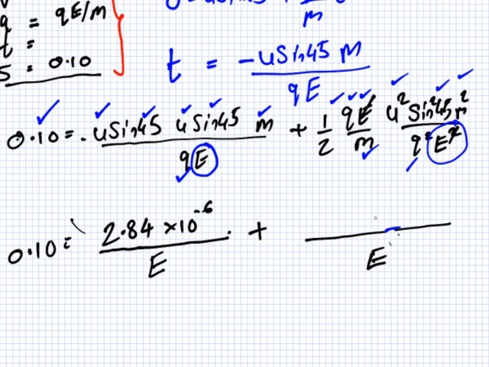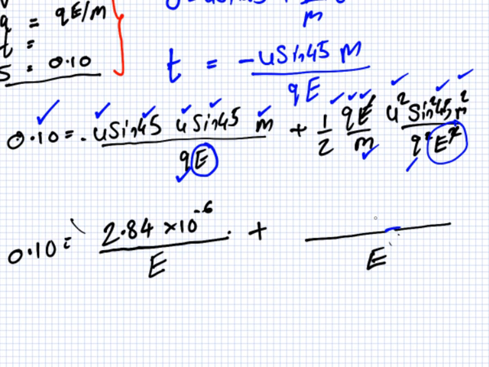Okay, E over M, and then still on the top times 1000 squared times sine 45 squared times the mass squared all over mass times charge squared, which is 23.